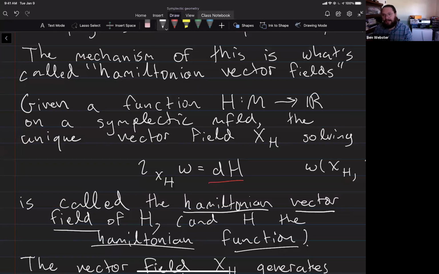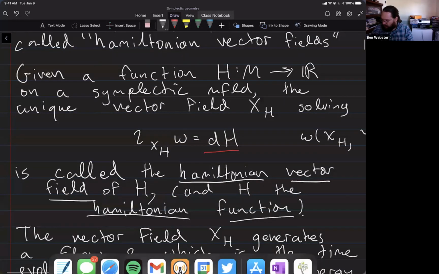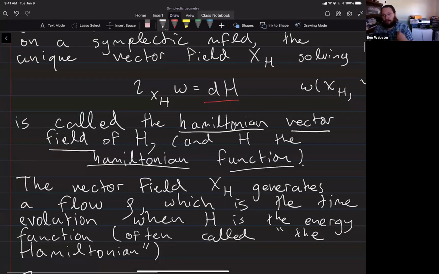All right, so this is taking the Hamiltonian formulation of classical mechanics and abstracting it away to just say, I could have any symplectic manifold, any function, and I would get a vector field out of this. And of course, that vector field generates a flow. And that flow is the time evolution on your phase space.